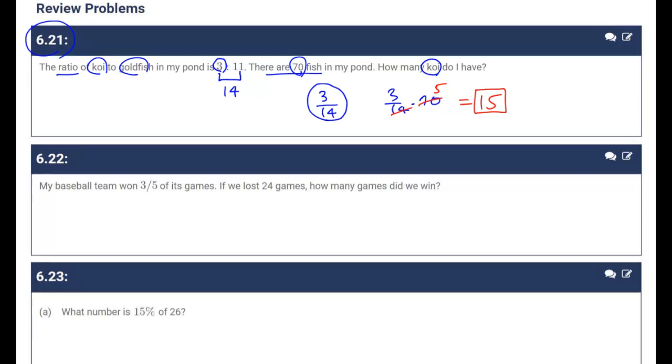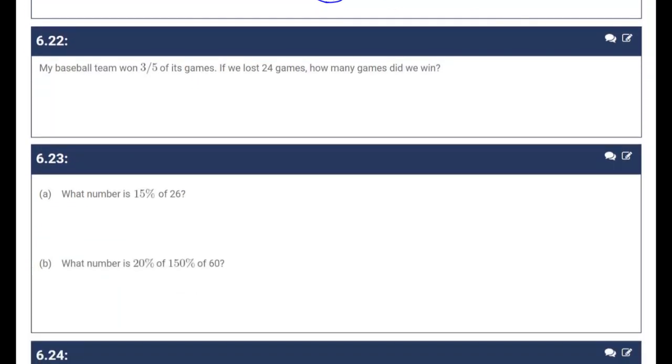Moving on to 22. My baseball team won 3/5 of its games. If they won 3/5 of the games, the rest of them they lost, which is 2/5. 1 minus 3/5 is 2/5, right? Now, they gave you the actual number of games lost, which is 24.